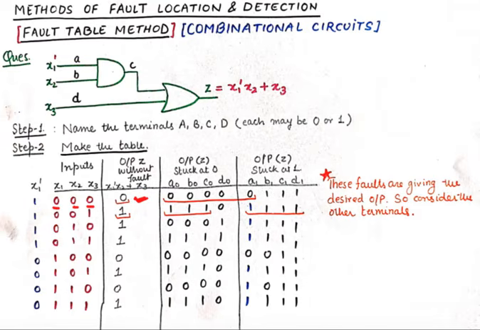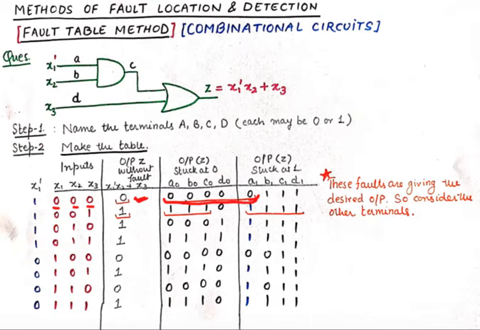And A being stuck at 0, B being stuck at 0, C being stuck at 0, D being stuck at 0, A being stuck at 1 will not cause deviation at the output. The output is still 0. So what needs to be checked is B stuck at 1, C stuck at 1 and D stuck at 1.